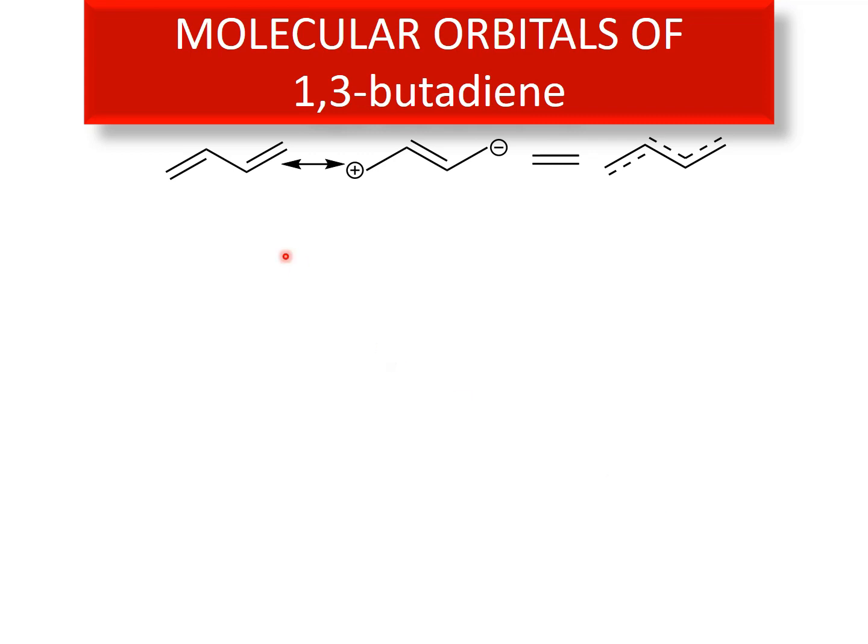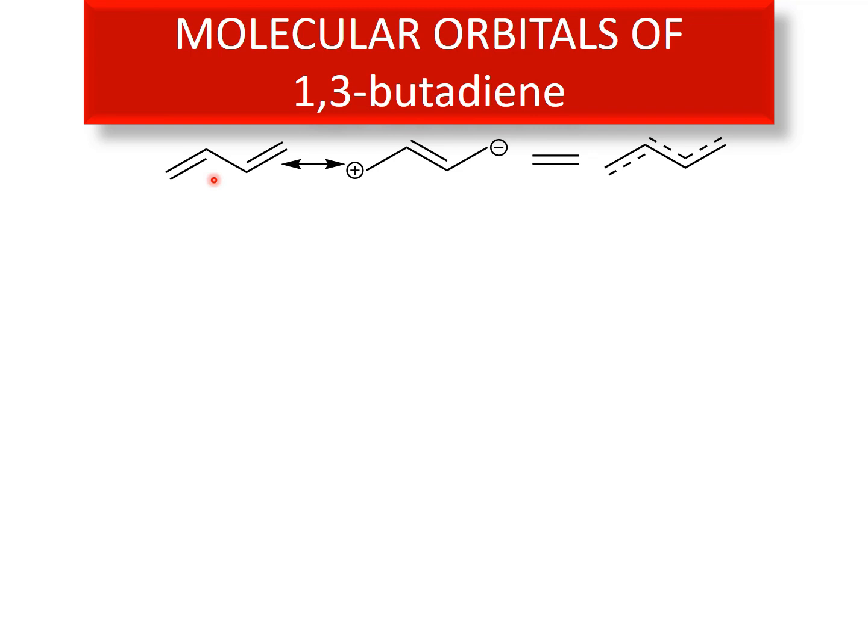1,3-butadiene we have already discussed in another video that you can find here in the link. It's a conjugated diene system in which the pi electrons are delocalized over the whole system, all of the 4 carbon atoms.